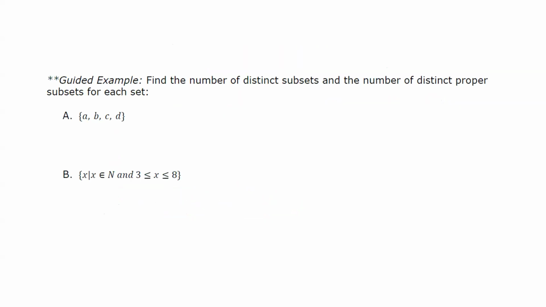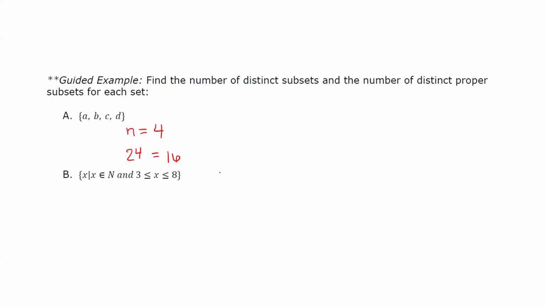Okay. So let's do a couple of examples. We want to find the number of distinct subsets and the number of distinct proper subsets of each set. In the first one here, we have the set {A, B, C, D}. So n is the number of elements in the set, which is 4. To find the number of distinct subsets, we take 2 to the 4th power, which is 16.